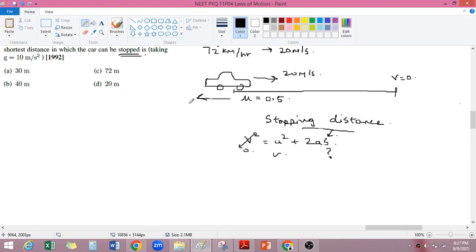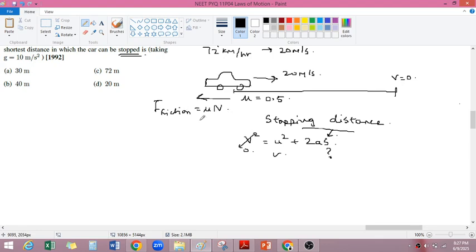Many people think that the moment you put deceleration, the car will go backwards. That is not true. We are actually reducing the speed. The car is still going in the forward direction, but the force is acting in reverse. Air resistance, friction, those kinds of things are acting backwards. That's why the speed is reducing.